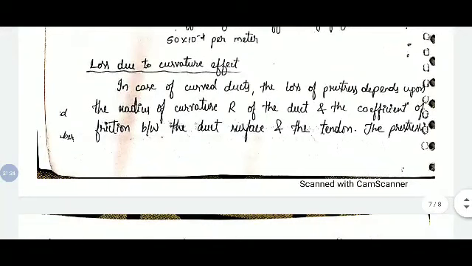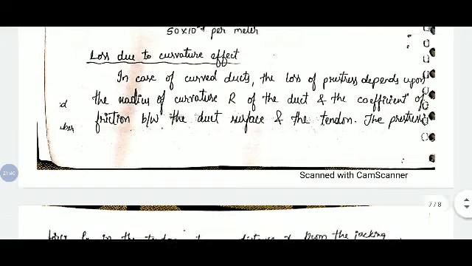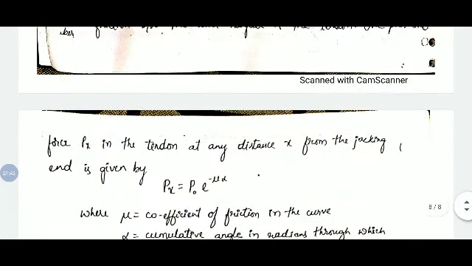And curvature effect, as the radius of the curve increases, you need to maintain the profile of the tendon. While maintaining the tendon profile, it is difficult to maintain the exact profile.